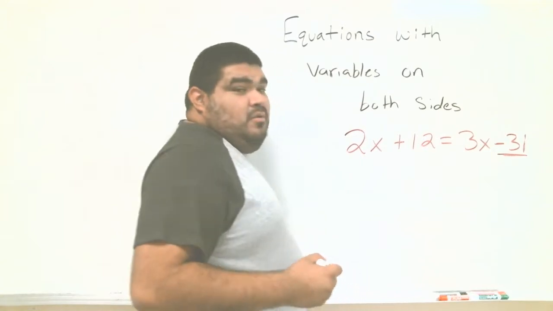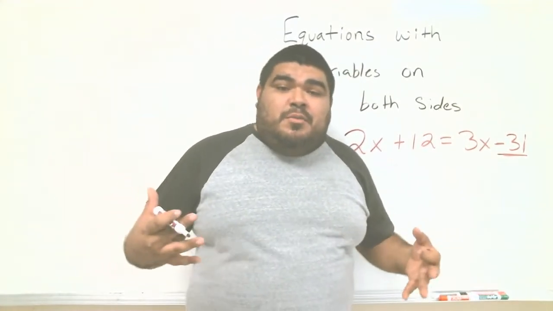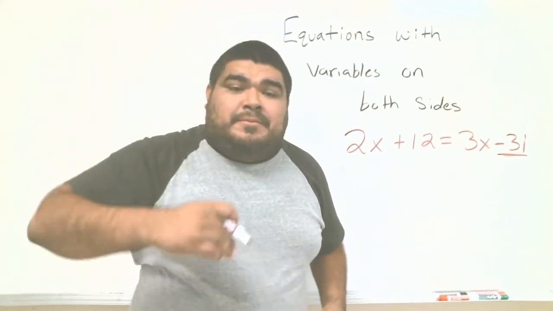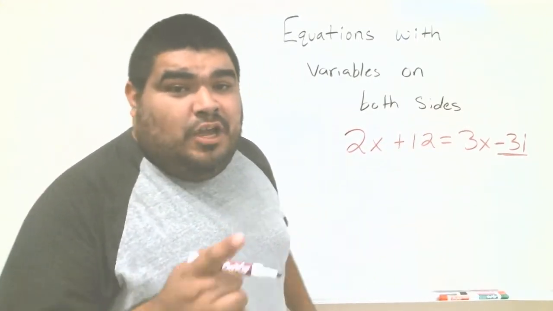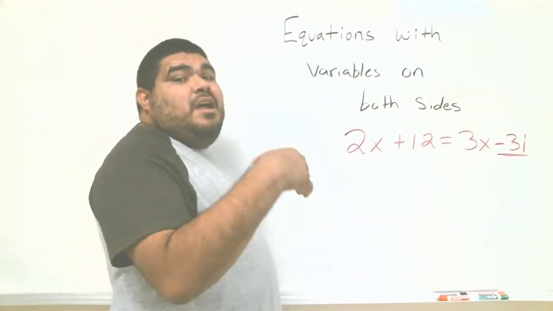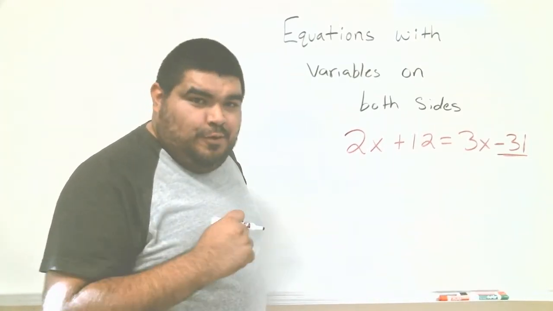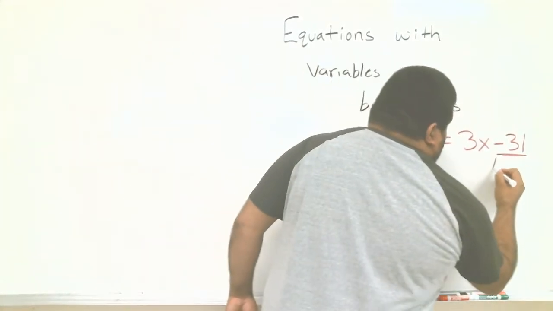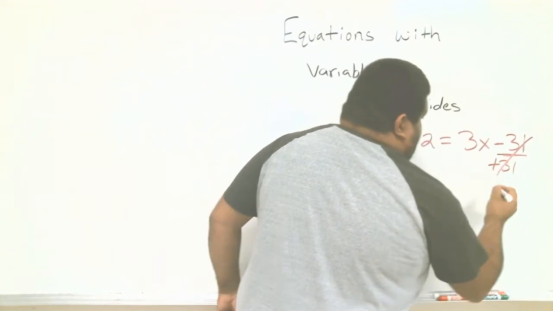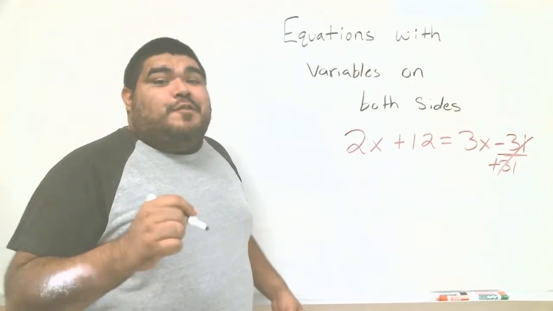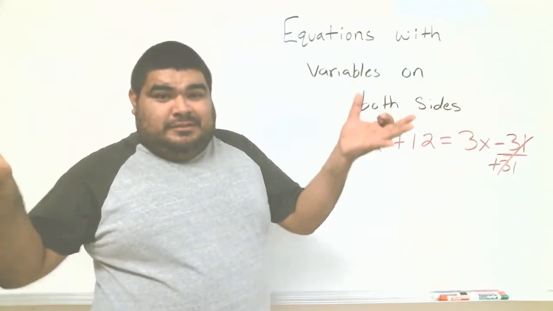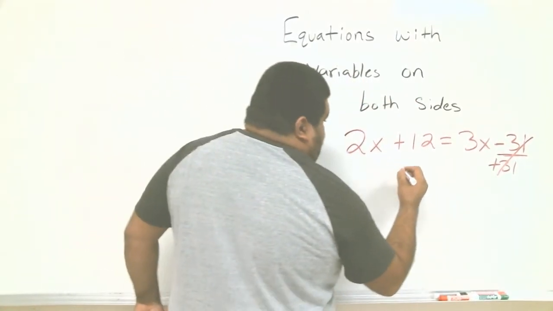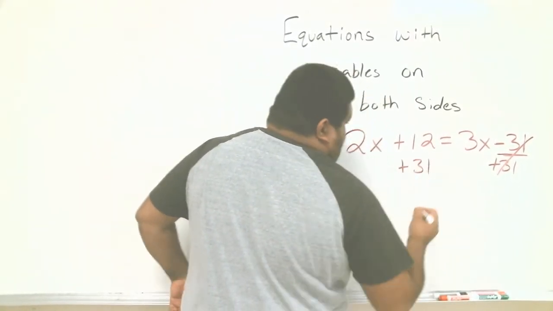When you move it to the other side of the equal sign, it becomes the opposite. So if it's negative 31, the opposite would be positive 31. So we have plus 31. They cancel out. Whatever you do to one side, you have to do to the other, because of the balance. So, plus 31.